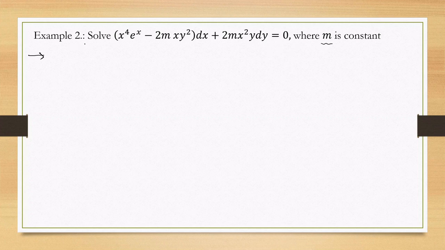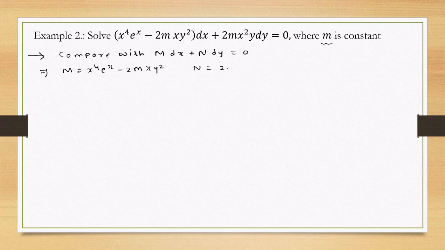Always, first of all, step number one is compare with m dx plus n dy is equal to 0. So this implies, what is the value of m? x to the 4 e raised to x minus 2m x y square. And what is n here? 2m x square y, right? So this implies, what is dou m by dou y?